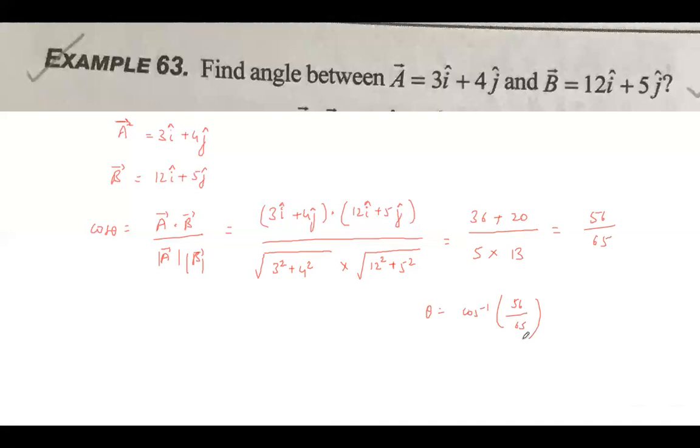So this is the angle between the two vectors. Is it clear? Clear, children?